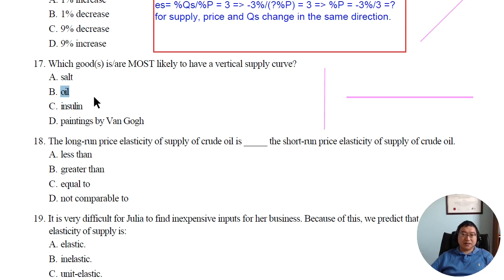Oil, technically, we have limited supply, right? And for a while, earlier this century, people were thinking we are running out of oil and everything like that. The oil price went to like $200 per barrel for crude oil, and then we had the fracking boom.